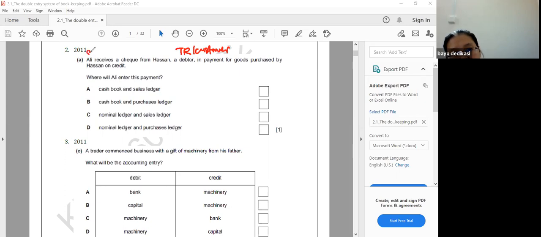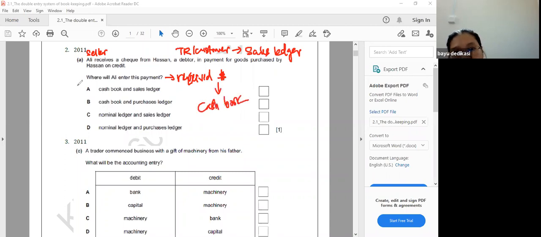Ali is a seller. From the seller's point of view, the seller received money. This is a trade receivable, and trade receivable is under the sales ledger. When you receive money, you record it in the cash book. So the entry will be cash book and sales ledger.